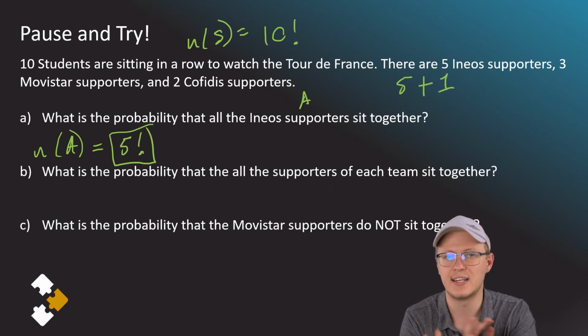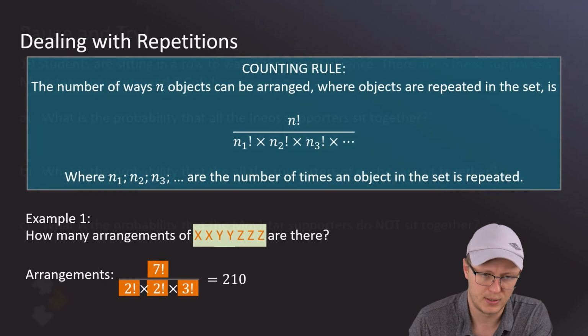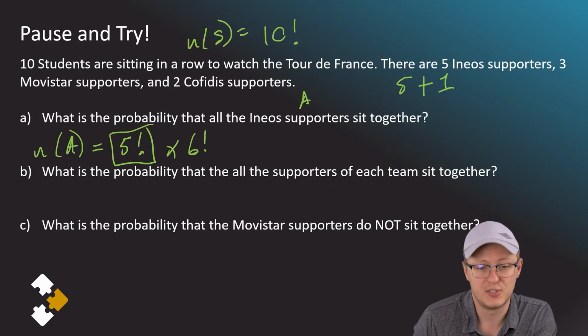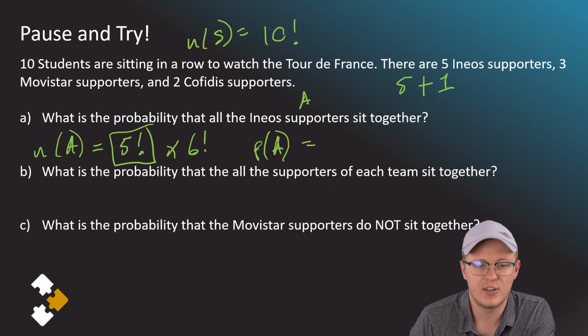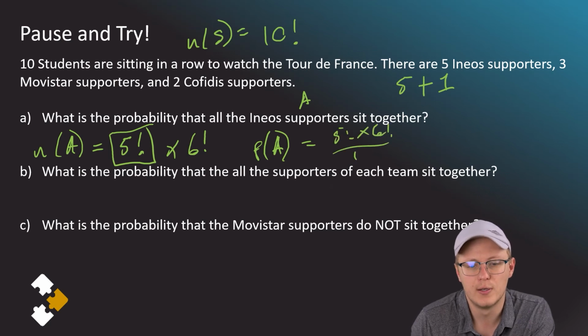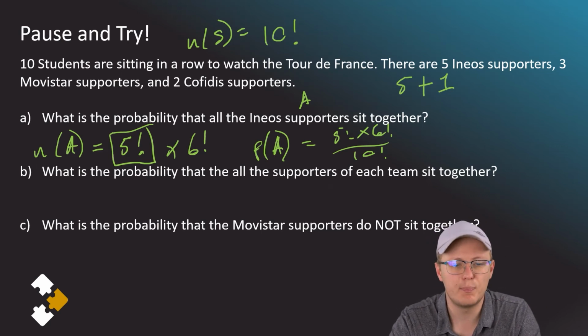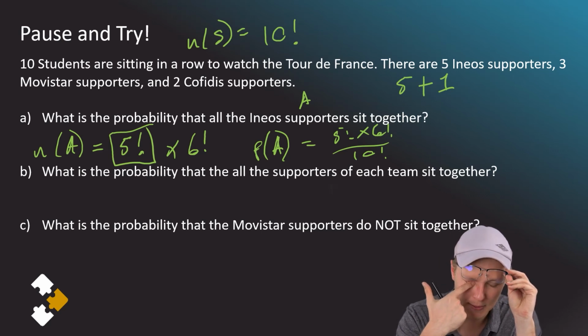So there are 6 things that we can arrange, and so the number of ways that this can happen is going to be 5 factorial times 6 factorial. So then the probability of these guys sitting together is going to be that 5 factorial times 6 factorial over the 10 factorial.